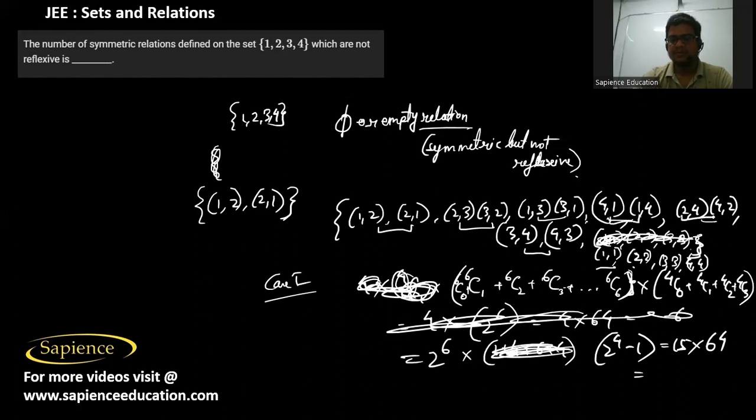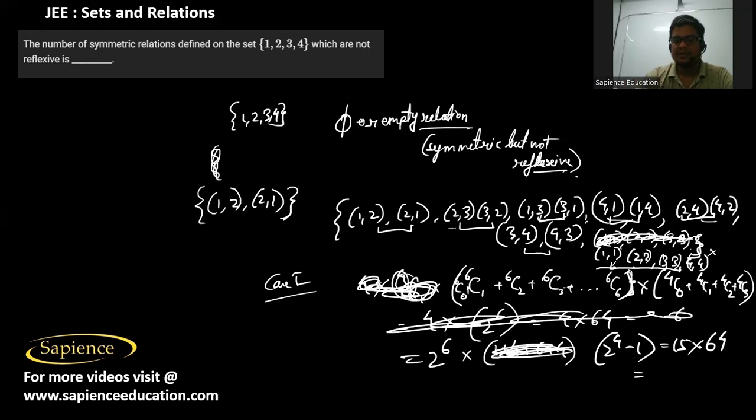Any one of these pairs we can choose by 6C1 ways. Any two of these pairs we can choose by 6C2 ways. And out of these doublets, we can choose any one of them by 4C1 ways, and we can choose none of them also by 4C0 ways, any two of them by 4C2 ways, and any three by 4C3 ways. All four of them we should not choose, since if we choose all four of them, then it will become reflexive.